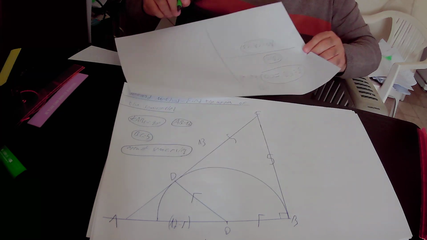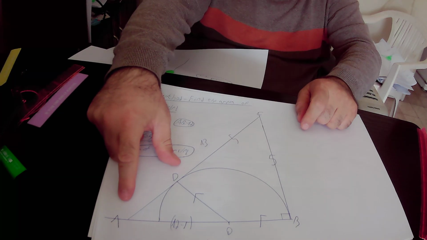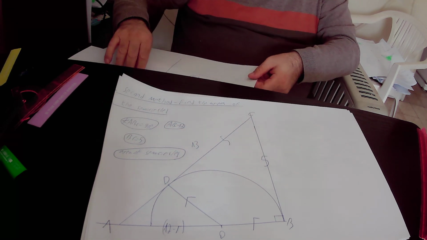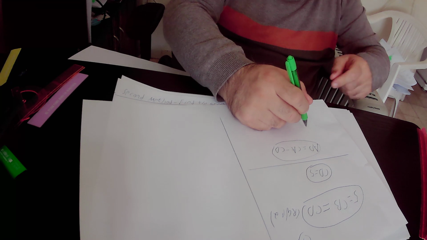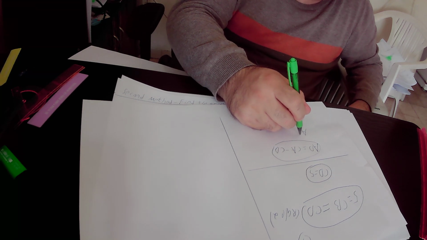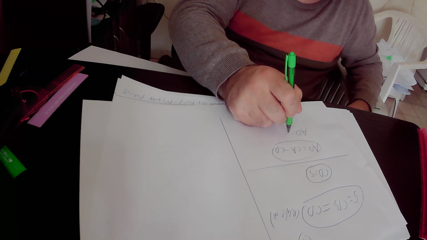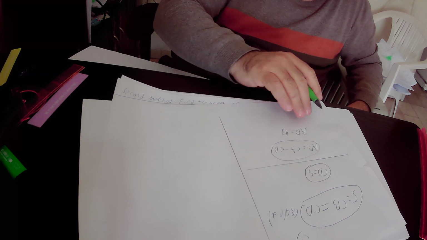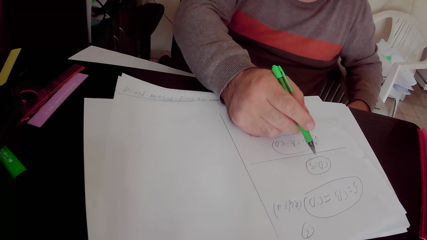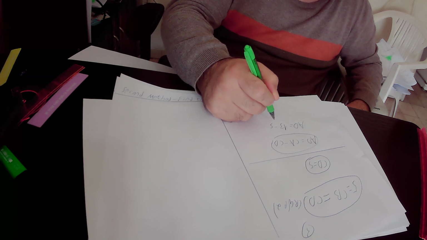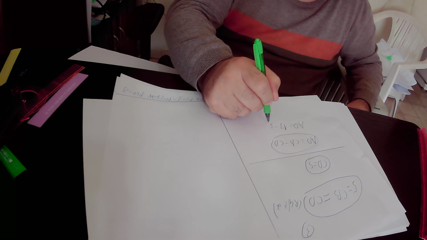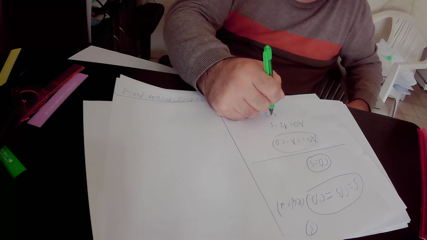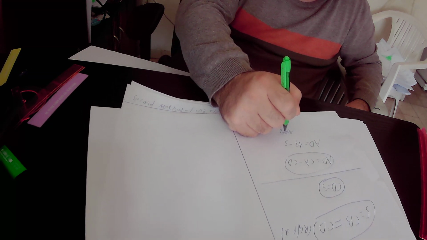I will repeat again: AD equals CA minus CD. CA is 13 units. It is the hypotenuse of triangle ABC, which equals 13 units. And we have already found out that CD equals 5 units. So in conclusion, AD equals 13 minus 5, that is to say, 8 units. AD equals 8 units.